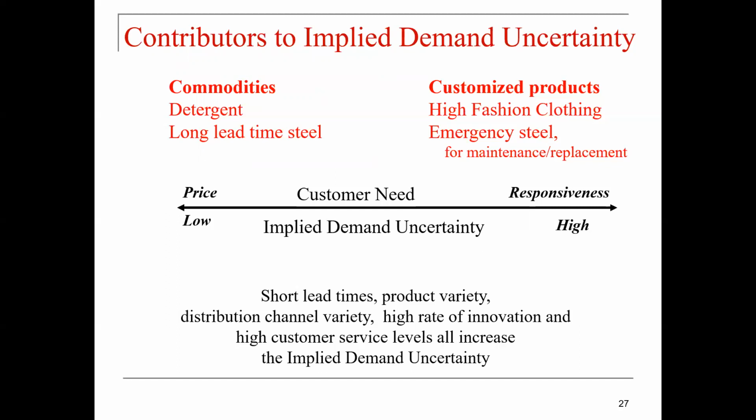So the customer need and the implied demand uncertainty, we can see how that changed according to the type of product and commodities. So we know the customer needs detergents, long lead time steel, those are needed as well. So the uncertainty will be low.